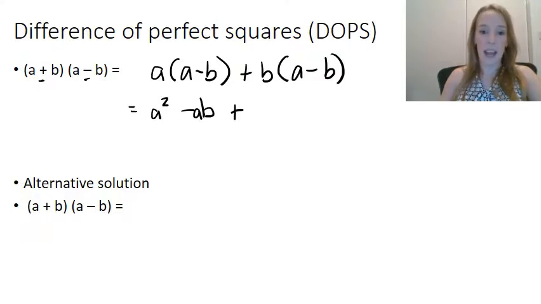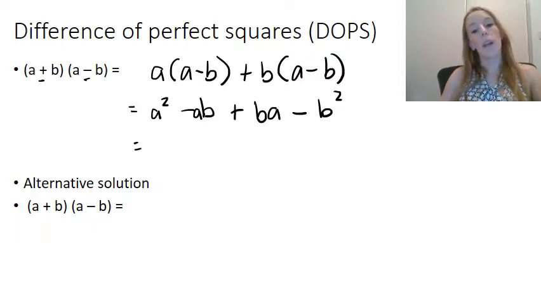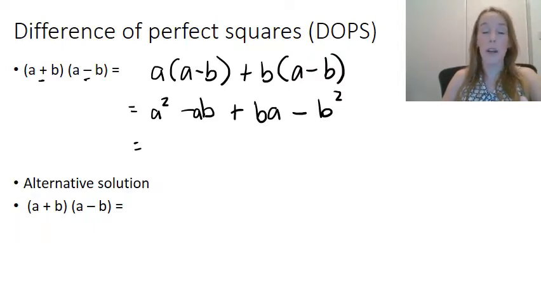Plus b times a will leave us with ba. Positive b times negative b is going to leave us with negative b squared. And from there, we can collect our like terms and simplify our expression. So a squared, take ab plus ba, they'll cancel each other out because one we're taking, one we're adding. So we're just going to be left with a squared take b squared.